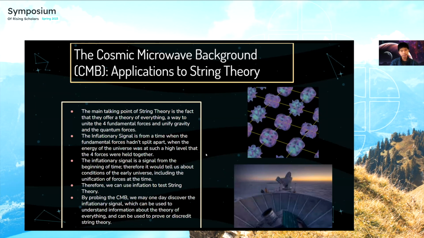And by probing the CMB, one day when we may actually discover the inflationary signal, we may use the information discovered about the inflationary signal and the four forces held together to prove whether string theory and its theory of everything should be used in the future, and whether it should be proved or disproved.